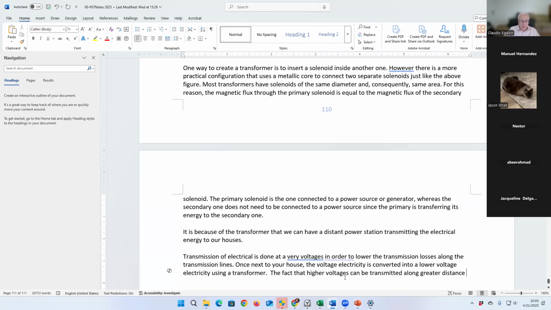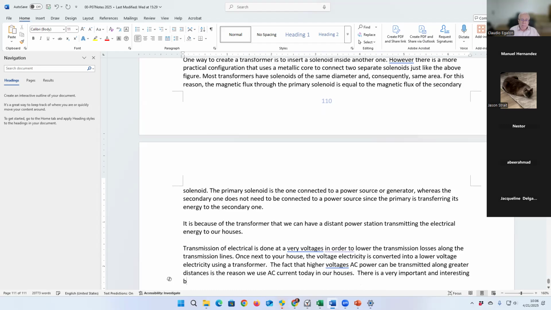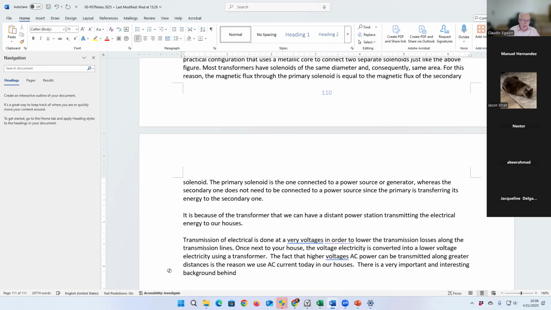Higher voltages, AC power can be transmitted along greater distances. Is the reason we use AC current today in our houses. There is a very important and interesting historical background behind this fact, okay?